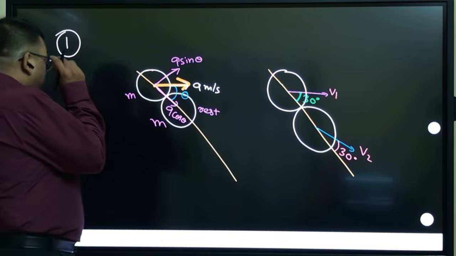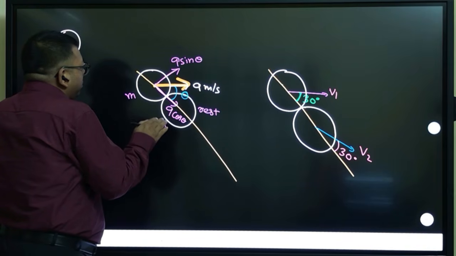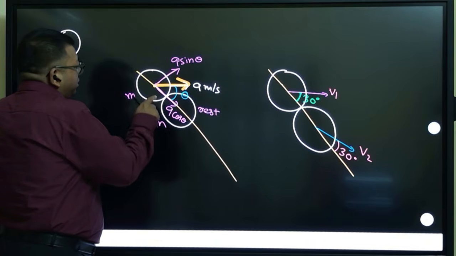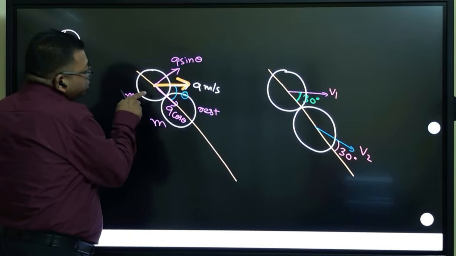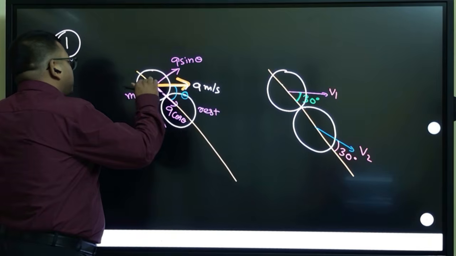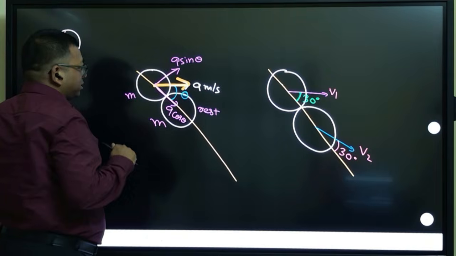But one thing is sure that initially, if you take the momentum of the system along this line, there is some momentum, because this mass into 9 cos theta is along this line, and this mass into 9 sin theta is the momentum perpendicular to this line. Correct.